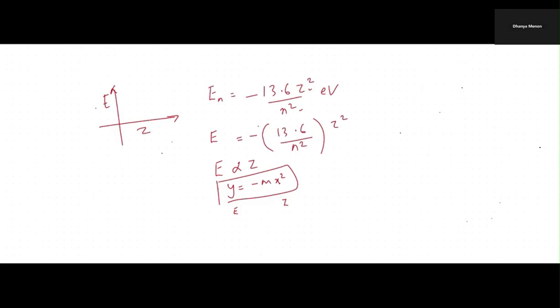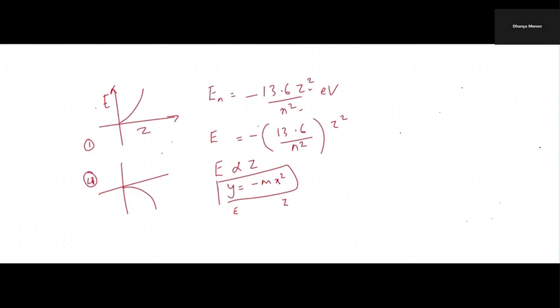For parabola there are two options: the first one and the fourth one. In the first one the parabola has a positive slope, and in the fourth option the parabola has a negative slope.